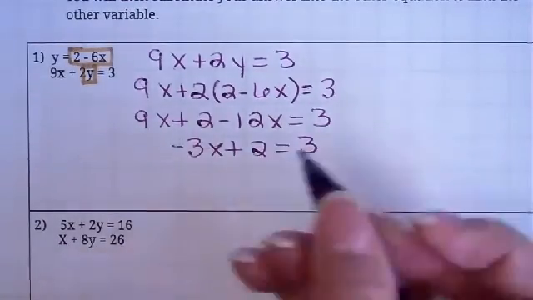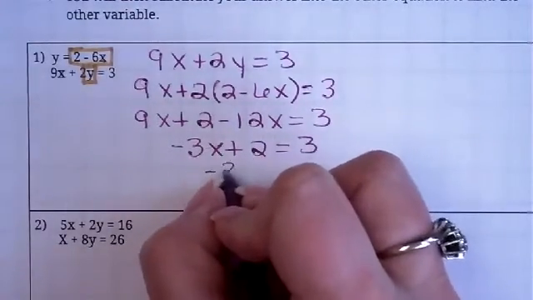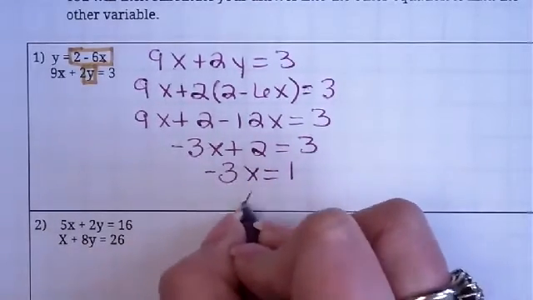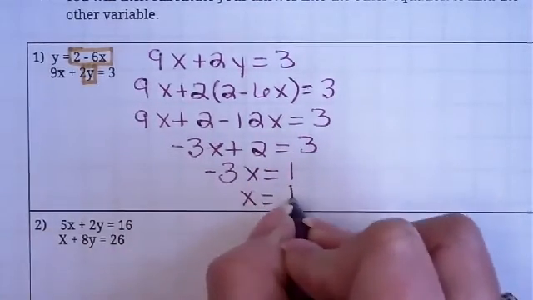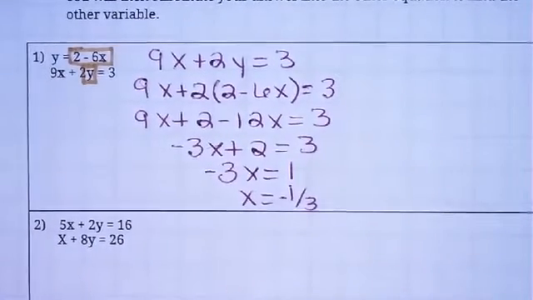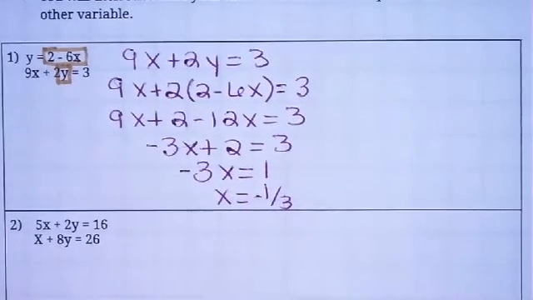Now, subtract the 2 from both sides. I've got negative 3x equal to 1. Divide by the negative 3, x is equal to 1/3, and that is negative. So, I now have an answer for x, okay?